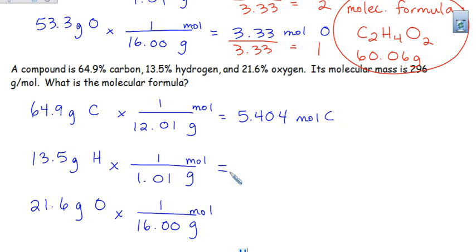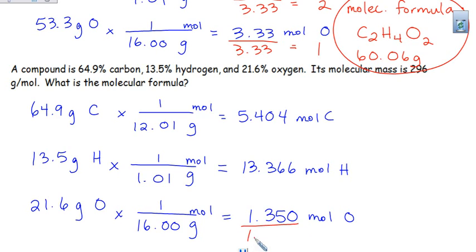13.5 divided by 1.01. 13.366 maybe moles of hydrogen, and my oxygen 1.350-ish moles of oxygen. These are not whole numbers and they're not close enough to round, so we're going to go through and divide each by the smallest.